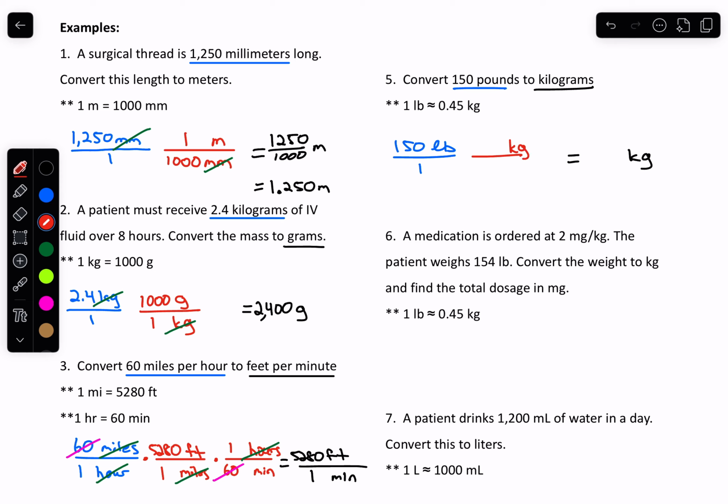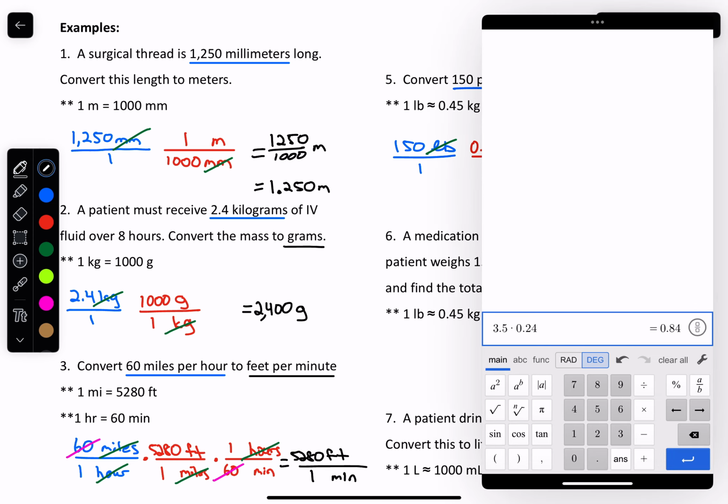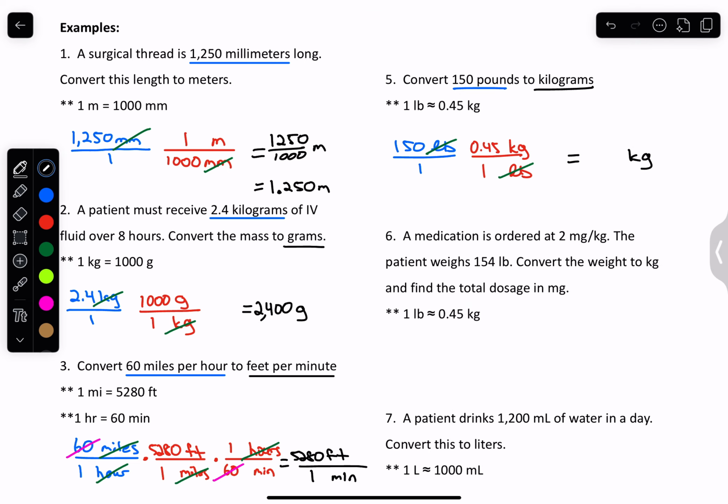So I put kilograms on top, lbs or pounds on bottom, and we have the approximate relationship there that 1 pound is approximately 0.45 kilograms. So then I can multiply across the top because my pound unit is going to cancel, and I'm going to be left with 150 multiplied by 0.45, which is 67.5.